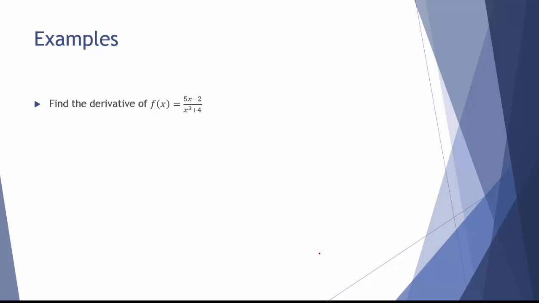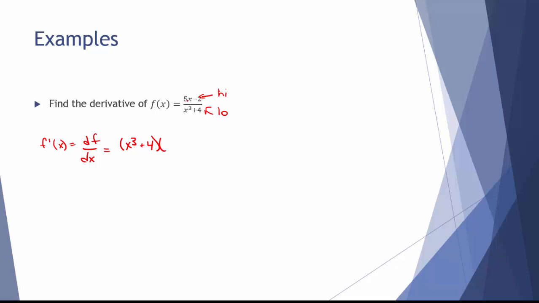Let's take a look at an example. Find the derivative of f of x equals 5x minus 2 over x cubed plus 4. So this 5x minus 2 is going to be my high function, my numerator, and x cubed plus 4 is going to be my low function, my denominator. So when I find the derivative of this, f prime of x or df dx, either one, I need the denominator as is, so x cubed plus 4 times the derivative of the numerator.